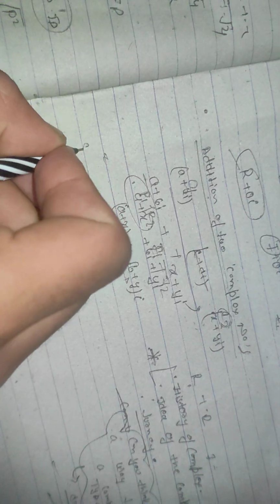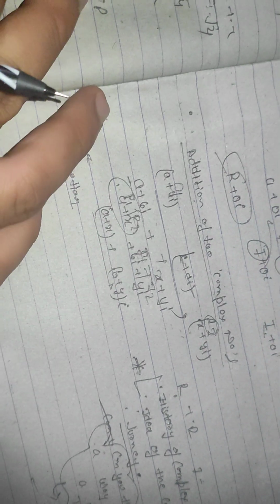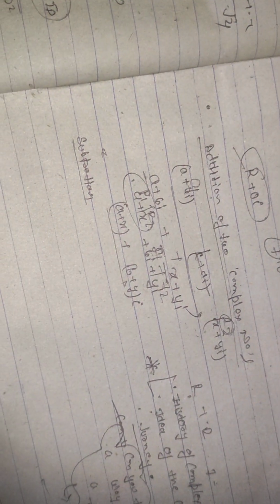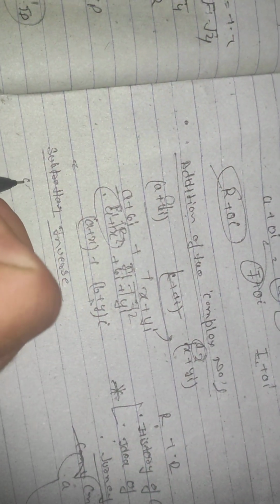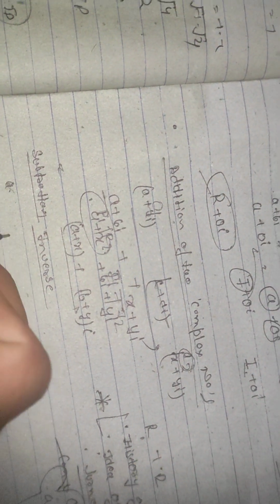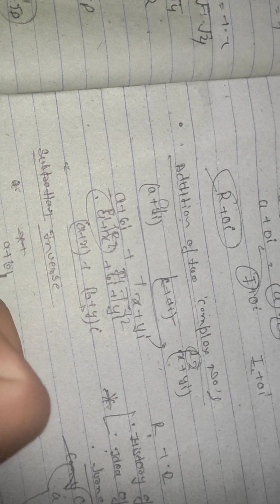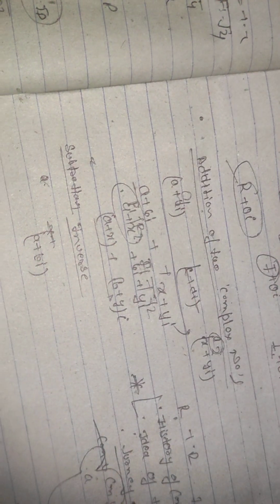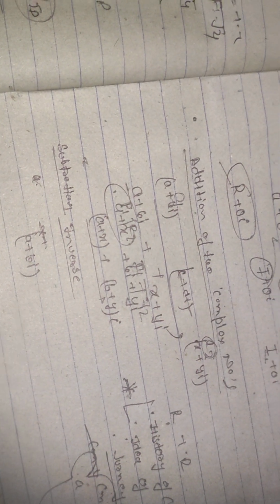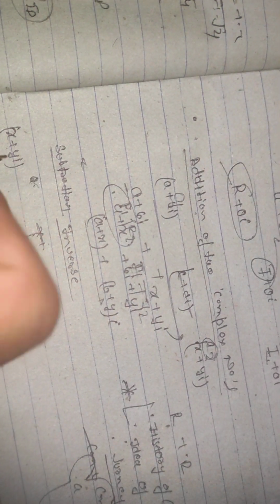Okay, now subtraction. It is the inverse of addition. This a plus b iota is a complex number. Can you think how complex numbers are made? Simple idea: we have a complex number and another complex number.